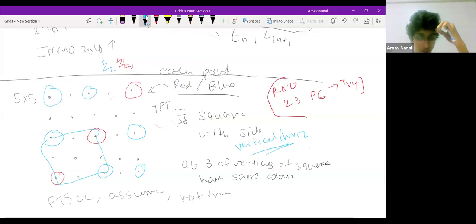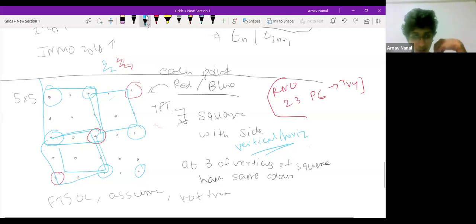So from this square and from this square, you get that these four vertices are blue, but then you get this square where three of these are blue and one is red. So that's a contradiction. So this is how you do the first case.